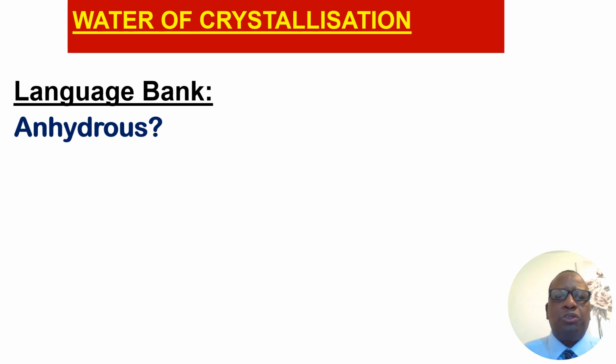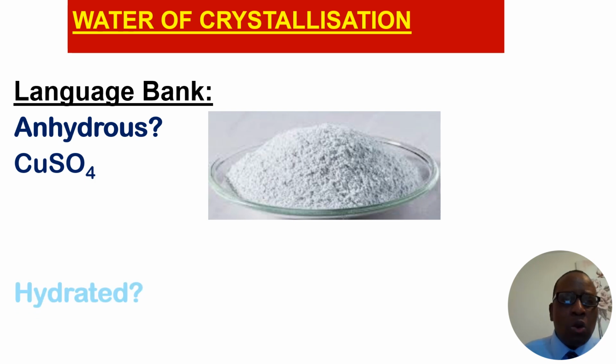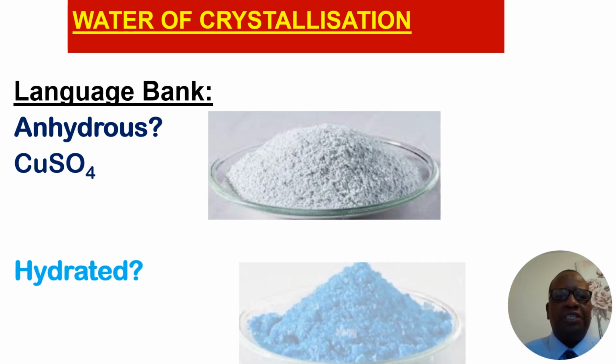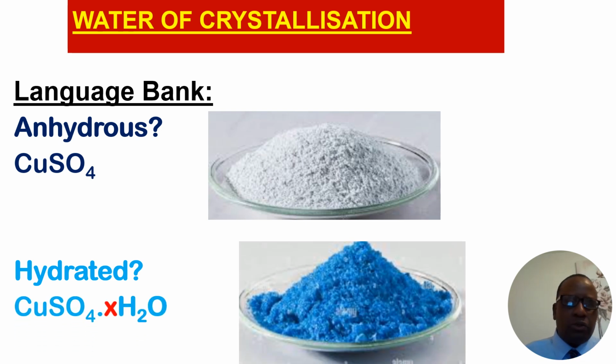In this video, I have got an example of copper sulfate. When dry, when anhydrous, it's white in color, and that's your formula for copper sulfate. At this level, you're expected to know the formula for copper sulfate. When you add water to copper sulfate, it's now blue, and that's the formula for hydrated copper sulfate. And what that little X there stands for is it shows that now it has moles of water in there.